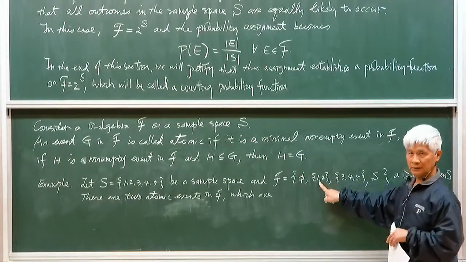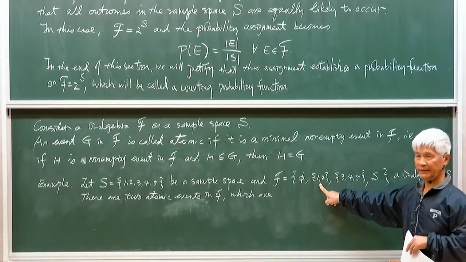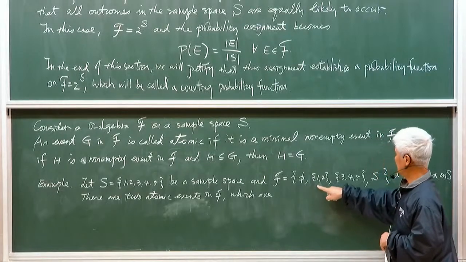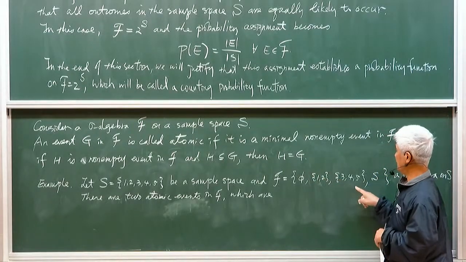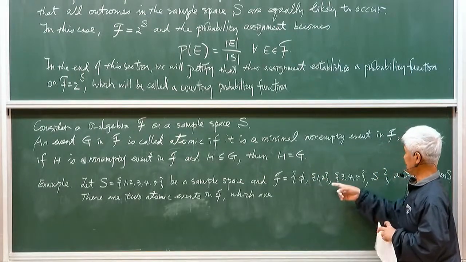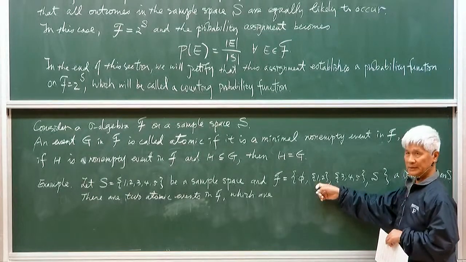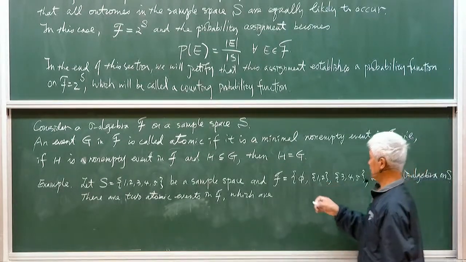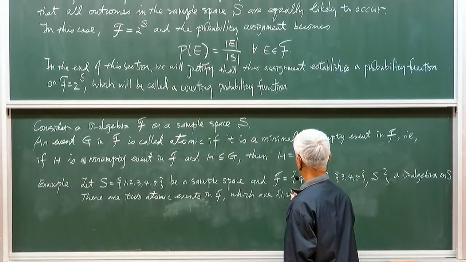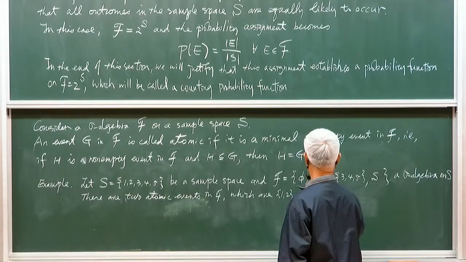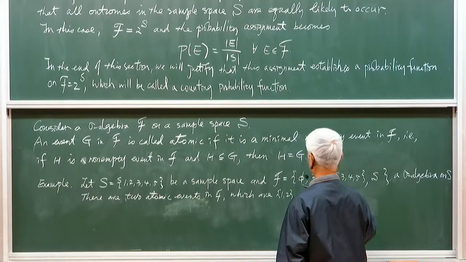Well, this member is an atomic event, because there is no other member that is non-empty and a proper subset of it. And so {1, 2} and {3, 4, 5}.